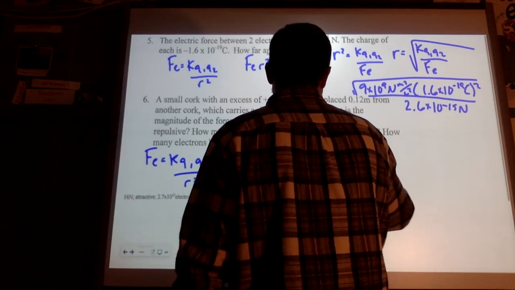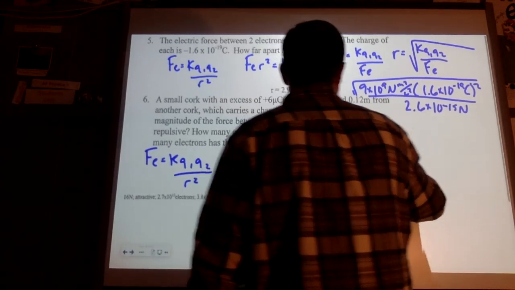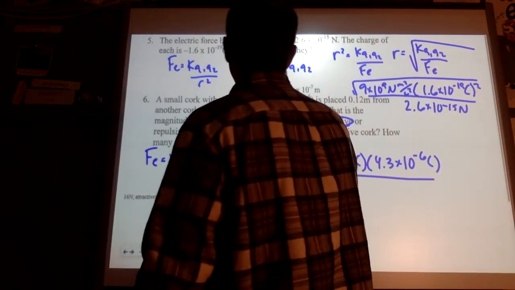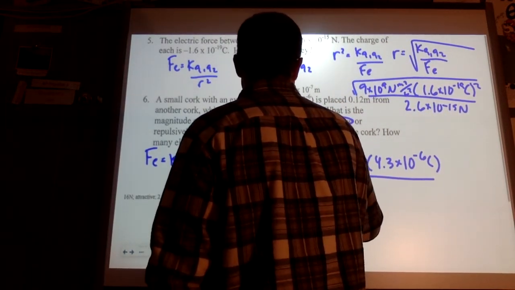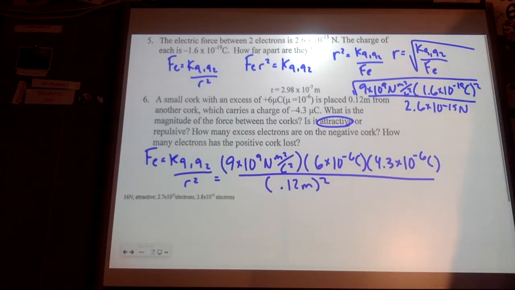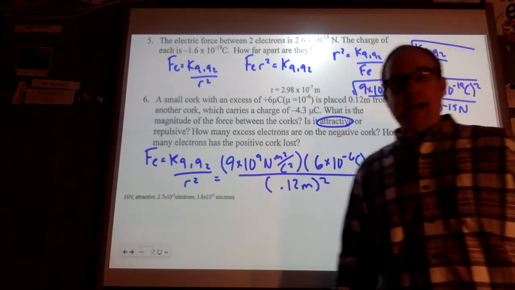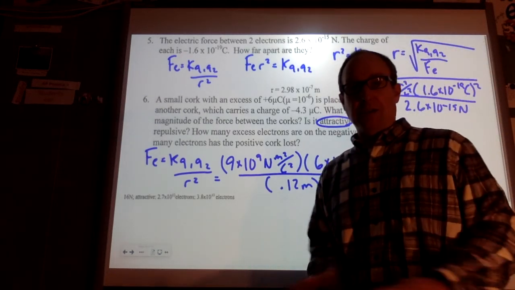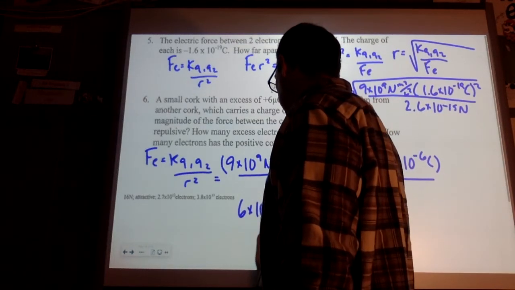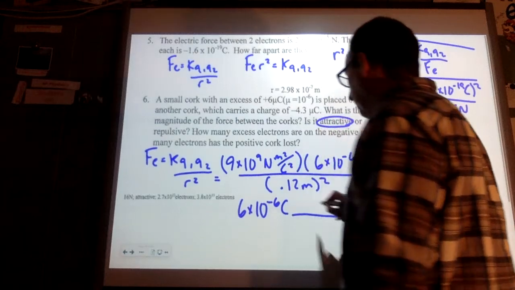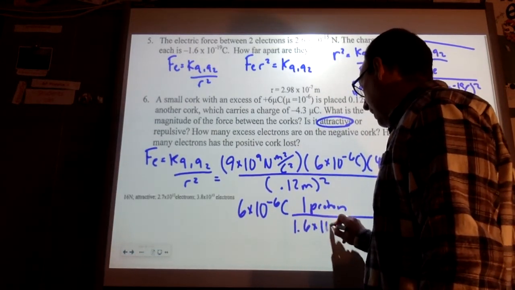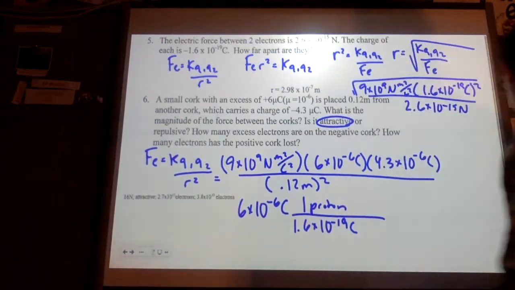So I have 6 times 10 to the negative 6 coulombs, 4.3 times 10 to the negative 6 coulombs, and 0.12 meters squared. It's going to give us 16. And then how much excess do I have? We're saying they're starting at neutral. I'm going to say that I have 6 times 10 to the negative 6 coulombs, and I know that one proton has 1.6 times 10 to the negative 19 coulombs.